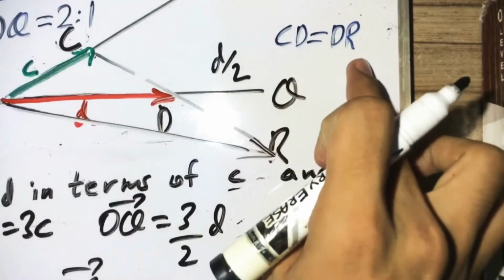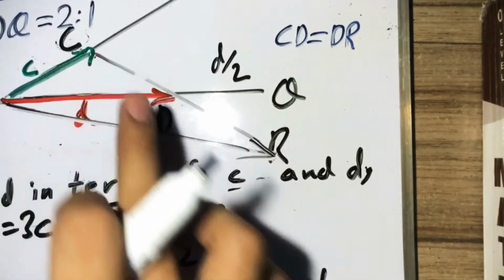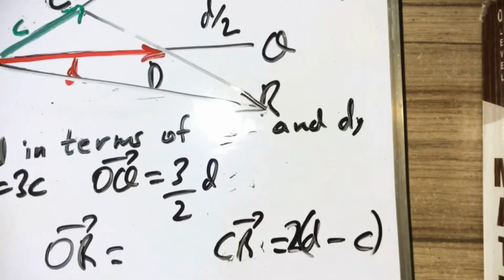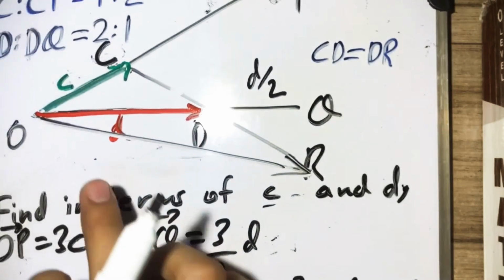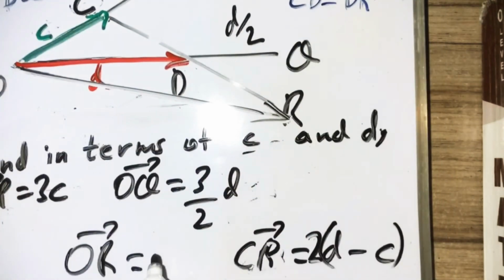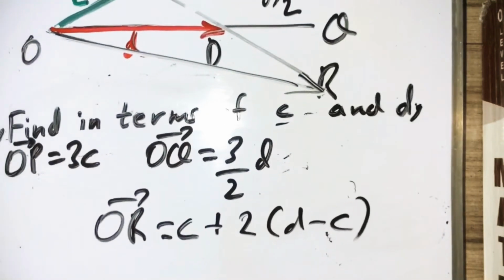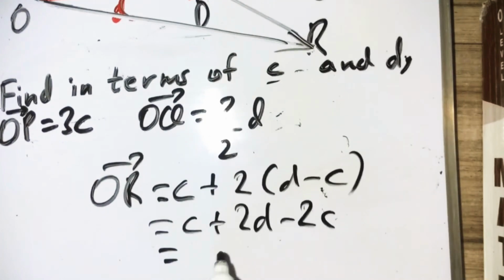Now we are given that CD equals DR, so CD plus DR, that is CR, will be 2 times D minus C. Now for OR, we need OC plus CR. OC is C plus CR is 2 times D minus C, so equals C plus 2D minus 2C equals 2D minus C. So this is OR.